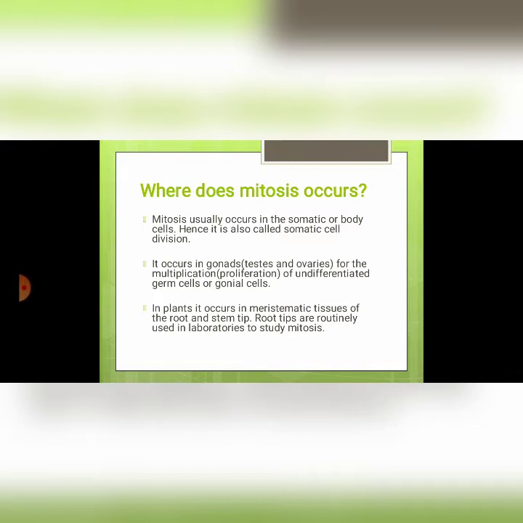In the maturation phase, meiosis takes place. In the growth phase, as the name suggests, cell growth occurs. In the multiplication phase, mitotic division occurs. So mitosis takes place in germinal cells during the multiplication phase. Clear? But most of the time it takes place in somatic cells. That is why it is also called somatic division. But we have to remember that the same division takes place in germinal cells during the multiplication phase.